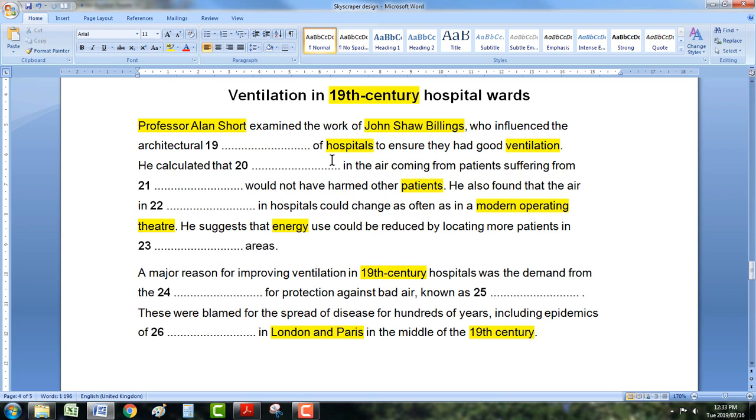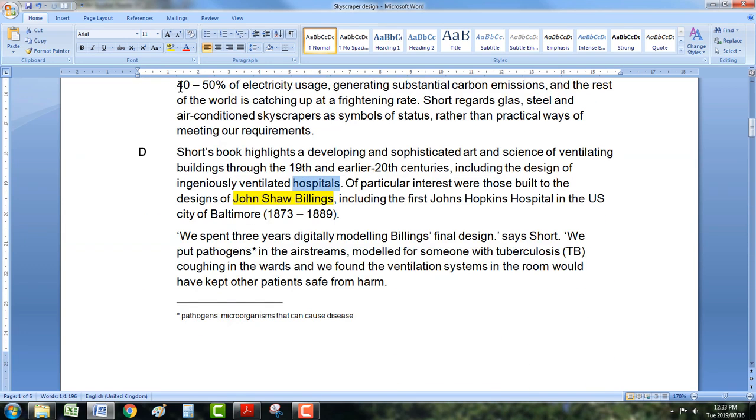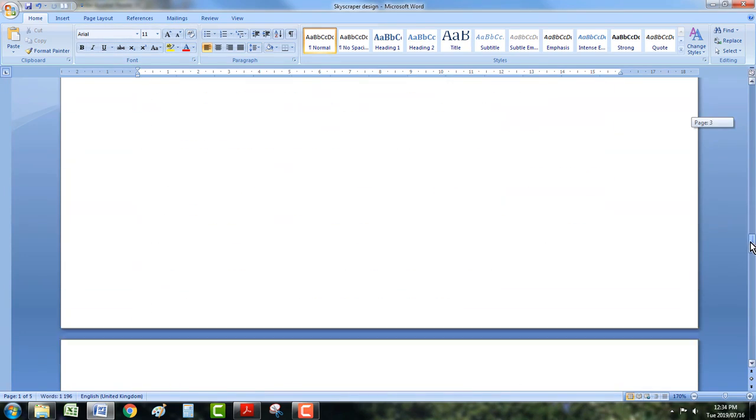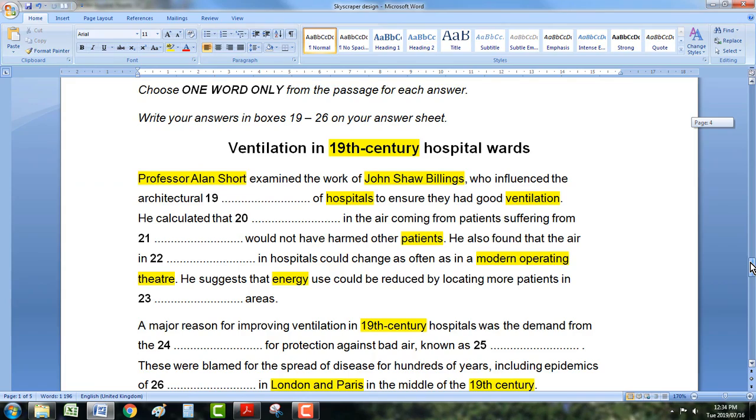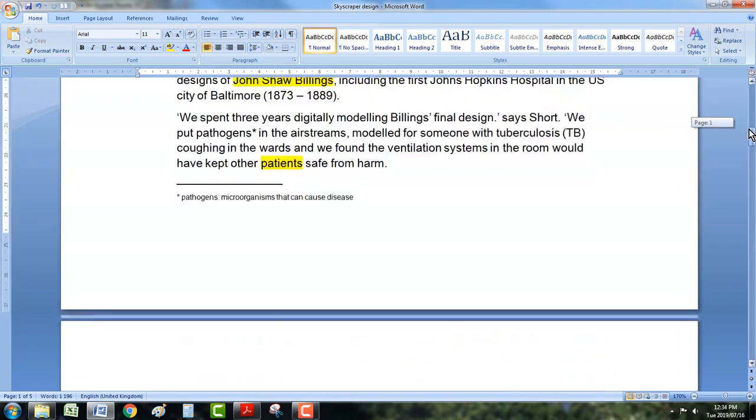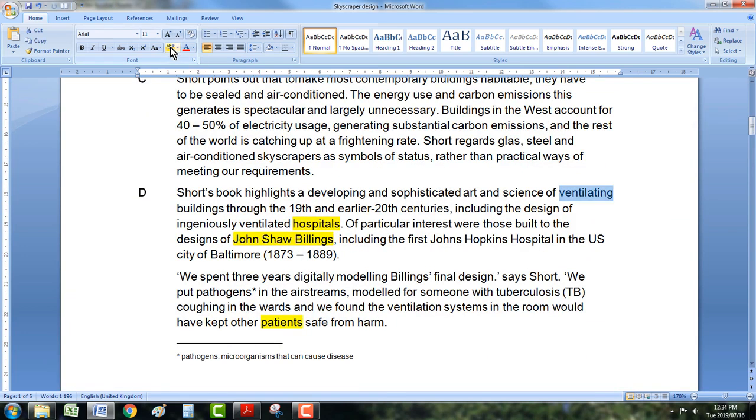Alright, so let's go and look for hospitals, ventilation, patients, theatre, energy. So there's the hospitals. There's patients over there. Let's take another look. I'm still sort of trying to figure out what they've done here, where they've taken this from. Ventilation I didn't see. Did I see ventilation? There's ventilation there. So we're in the right paragraph.